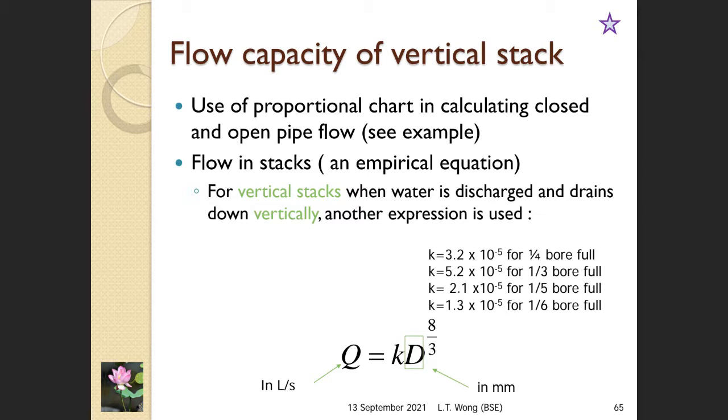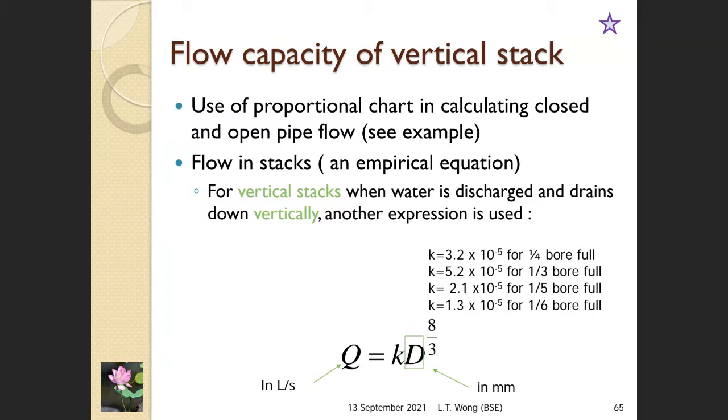K is a constant, collecting all the constants lumped together into a single value for quarter full flow, and D is the stack diameter. When we do not have any further information, just use it. However, for this equation, we do not have much information on how the branch pipe gets connected to the stack.